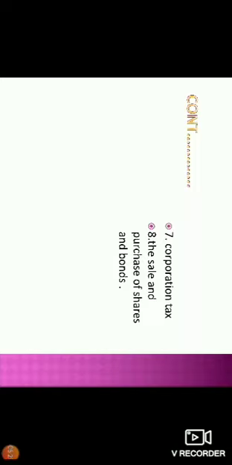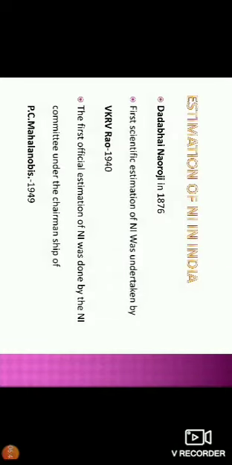These are the things which are not included in the measurement of national income, and these are the important precautions every economy has to take before measuring national income, for better measurement of national income. And from this we move to the case of India.